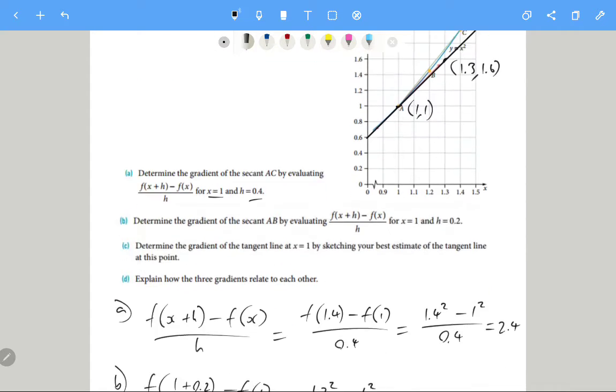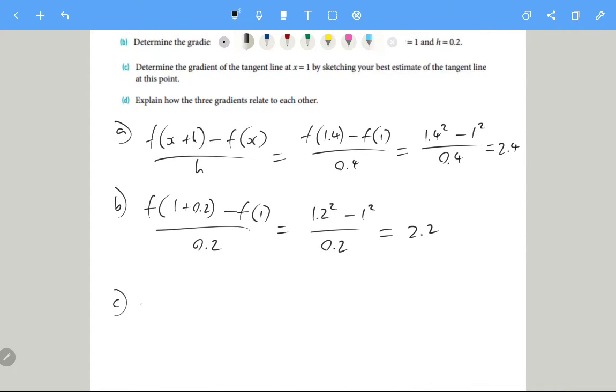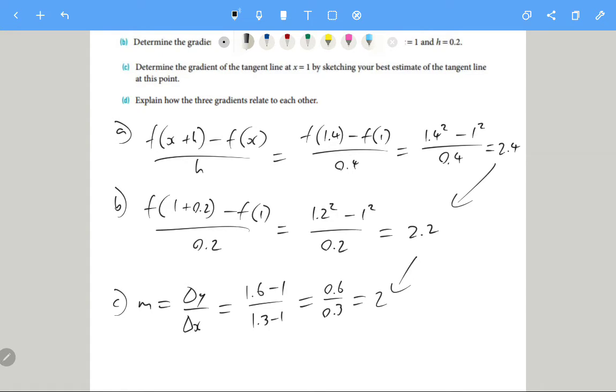So let's work out the gradient of this one here. Alrighty, so we get 1.6 minus 1 over 1.3 minus 1, which is 0.6 over 0.3, which is equal to 2. So we can see that our approximation got better as h got smaller, and then when we actually drew the tangent line, we got something that looked exactly like 2.